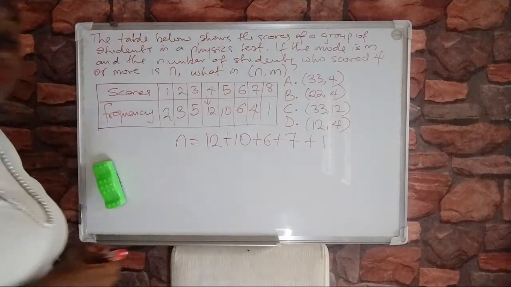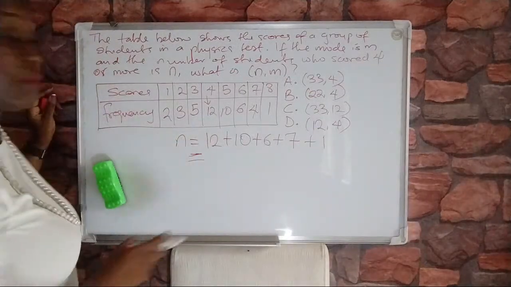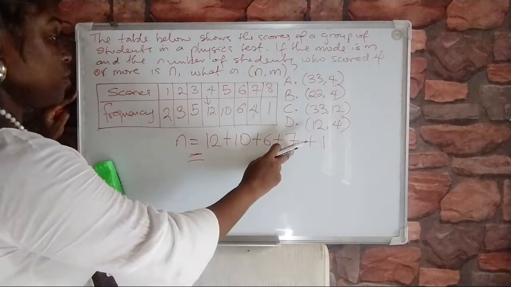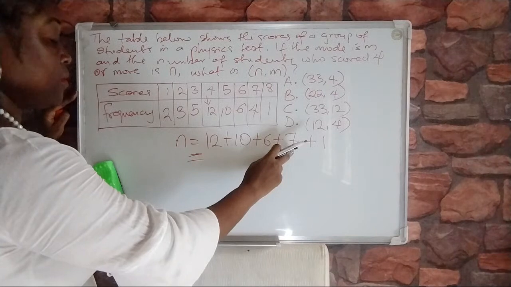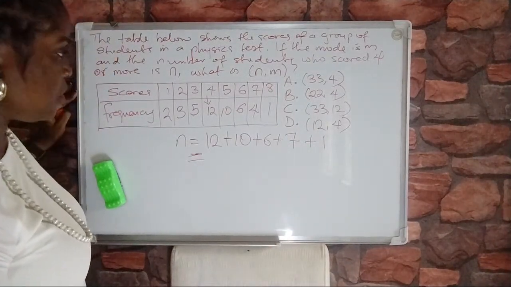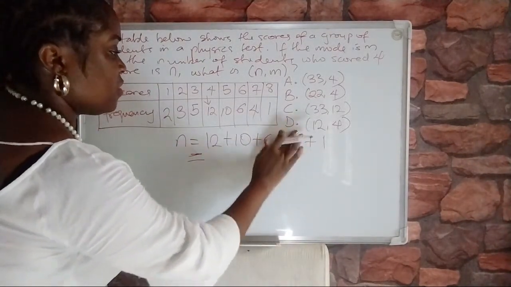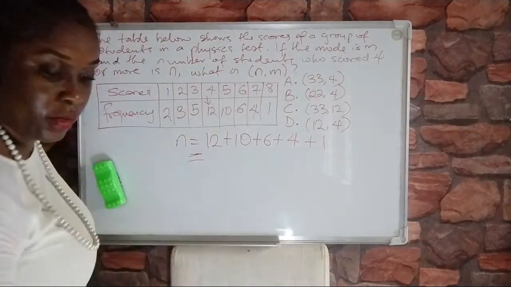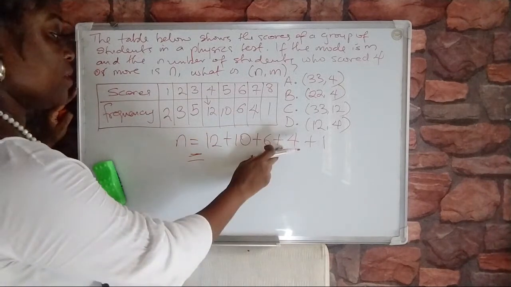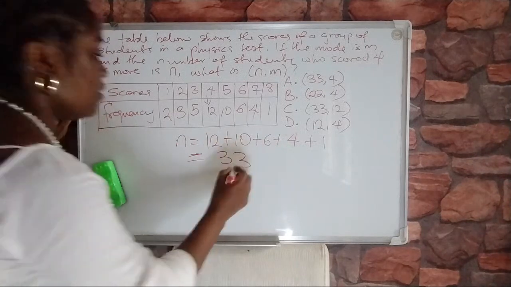So you use your calculator and add that up quickly. We have 12 plus 10, 22, plus 6 is 28, plus 4 is 32, plus 1, that's 33, right?